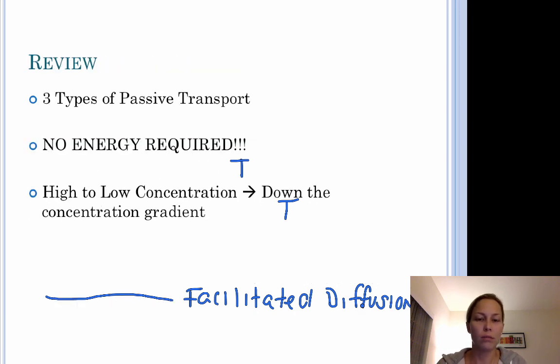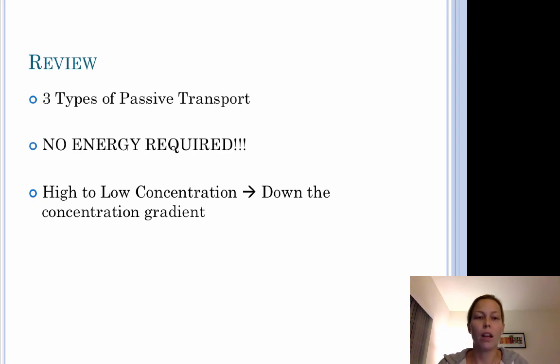Moving on. Just to recap, there are 3 types of passive transport. There is diffusion, osmosis, and facilitated diffusion. In diffusion, you are looking at solutes, so particles or molecules moving from an area of high concentration to an area of low concentration or down their concentration gradient.